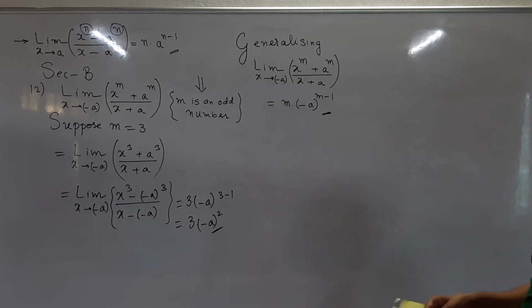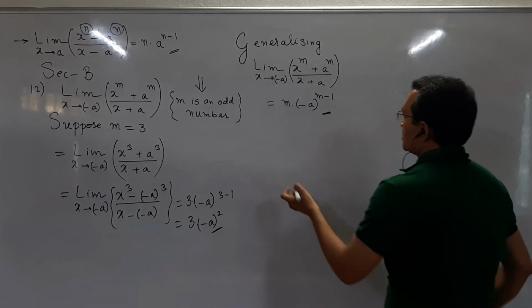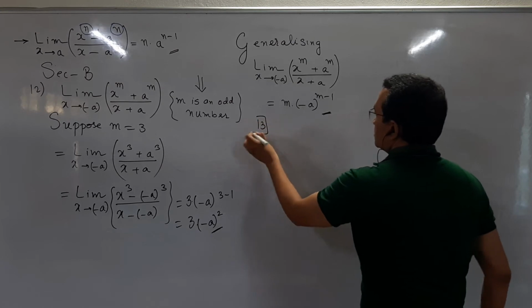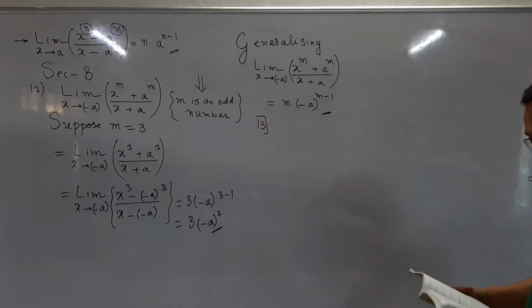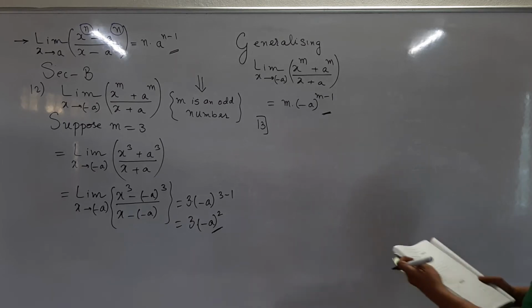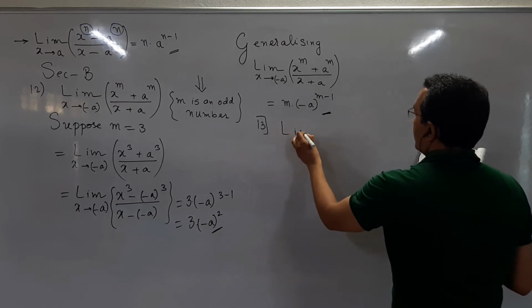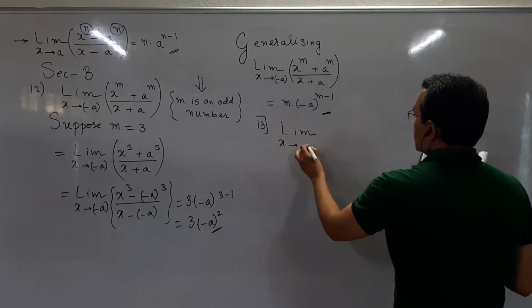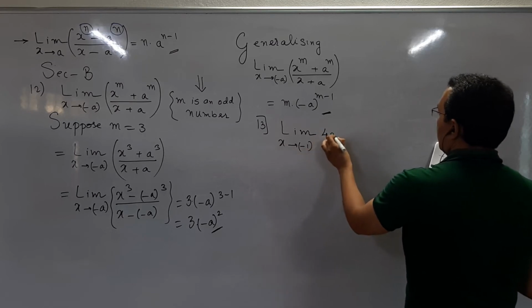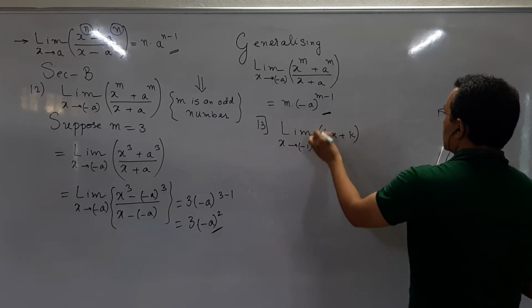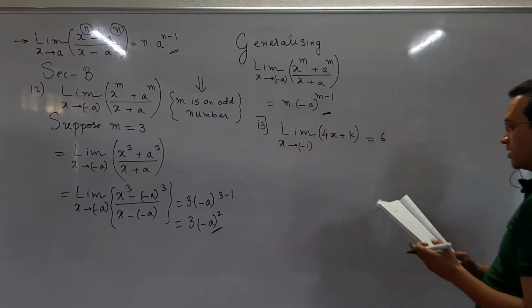Okay, students, VSQ 13, question 30. If limit x tends to minus 1, 4x plus k is equal to 6, then find the value of k. Okay, this is very simple. Limit x tends to minus 1, 4x plus k has the answer 6.